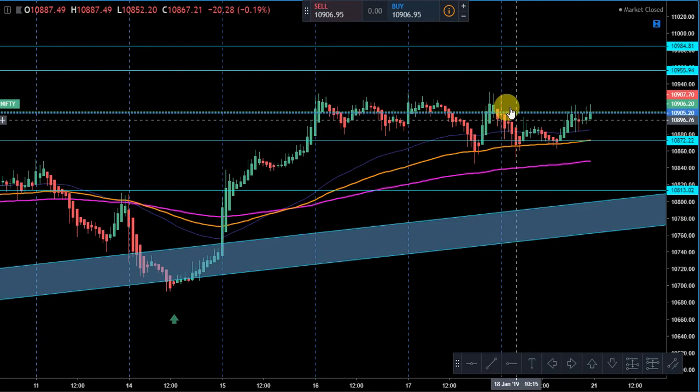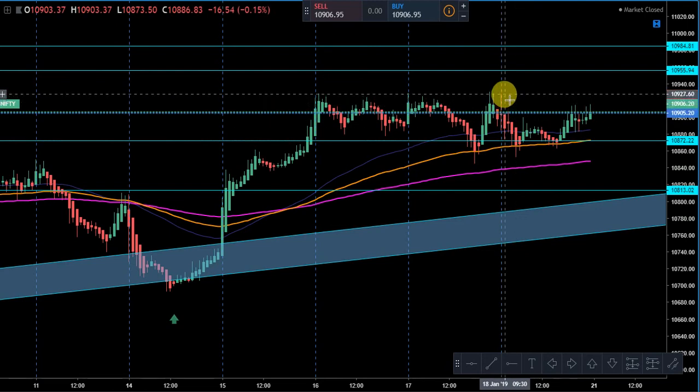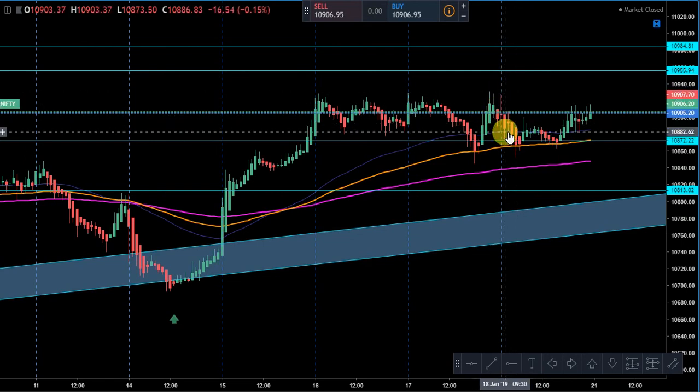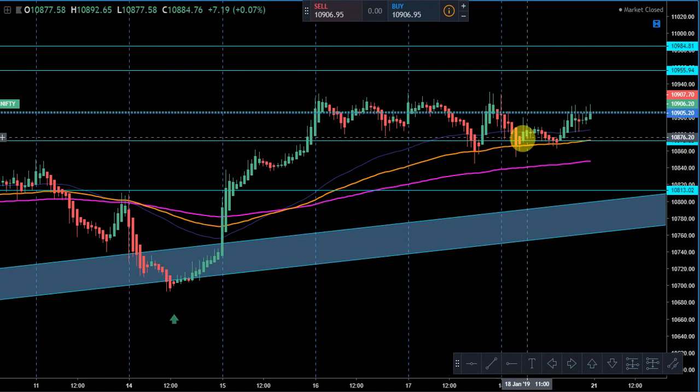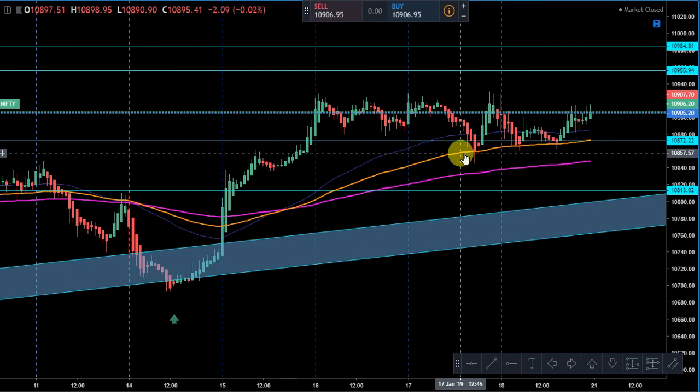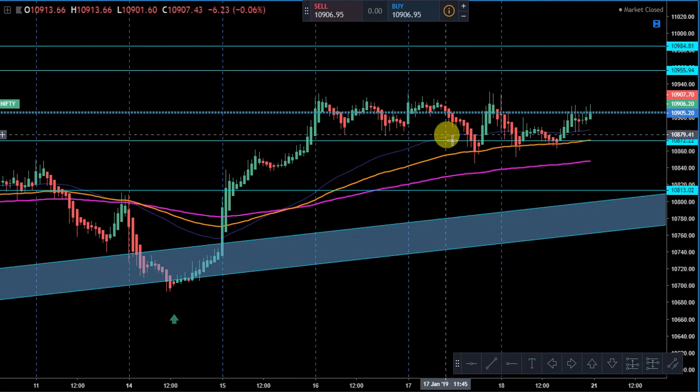If you see the trend, it has started reversing from here. The trend has respected this zone. And if you see this one, the pink one is the 200, 100 and 50 EMA.